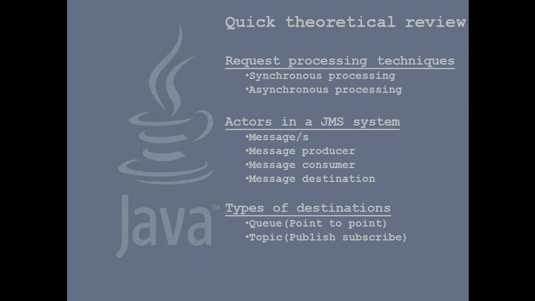To start this theoretical review, I would like to first mention the request processing techniques. There are two request processing techniques. One is synchronous and the other is asynchronous. The difference between these techniques is that with the synchronous, both client and server need to wait for each other until the processing finishes.